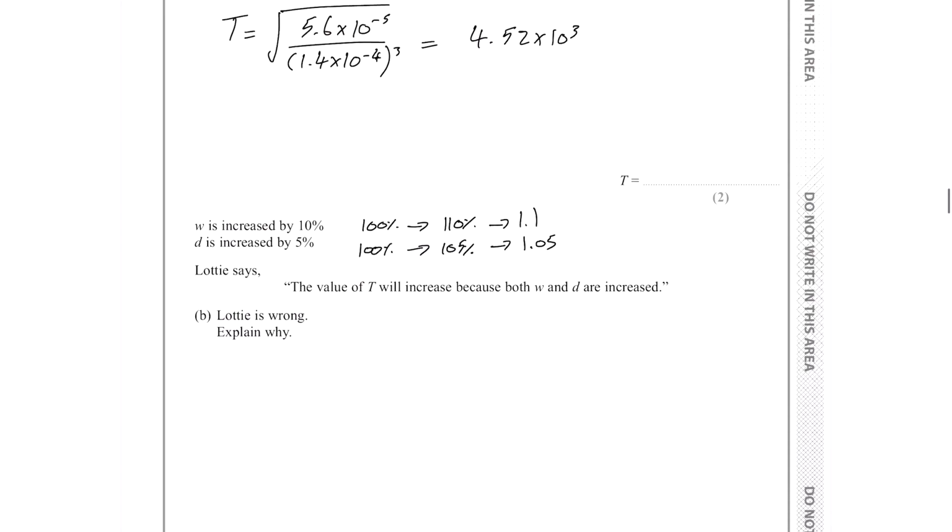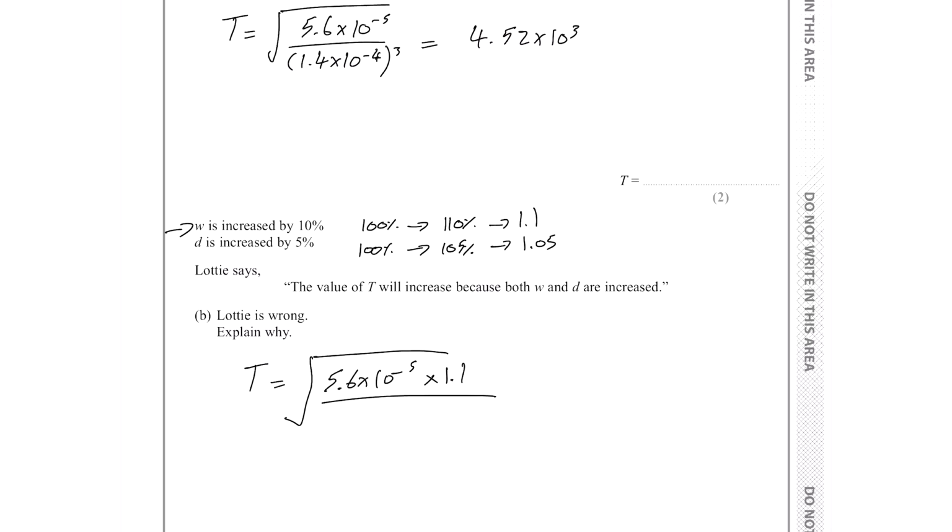So in this type of case, you've got a calculator, you can sub these values in and figure that out. What that would look like is very similar to above with a slight difference. You type in 5.6 times 10 to the power of minus 5. This time we're going to times it by 1.1 because we're increasing W by 10%.